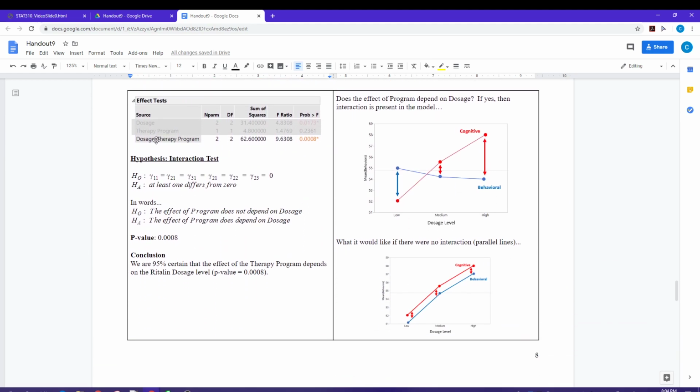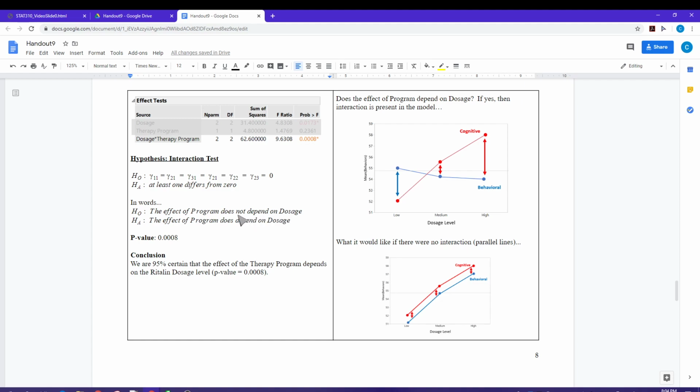The interaction is the one that has the star between them. So you can see I have dosage and therapy here, underneath the effect tests. The p-value there is less than 0.05. So what's being tested here is, does the effect of program depend on dosage level? That would be my alternative hypothesis. The effect of program depends on the dosage level.